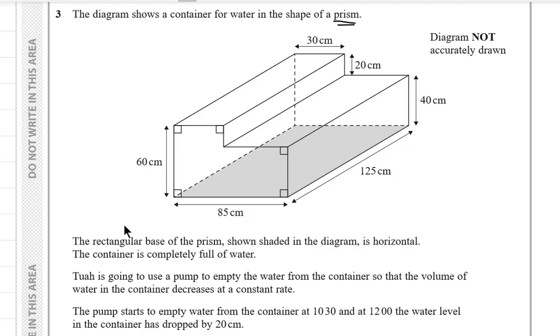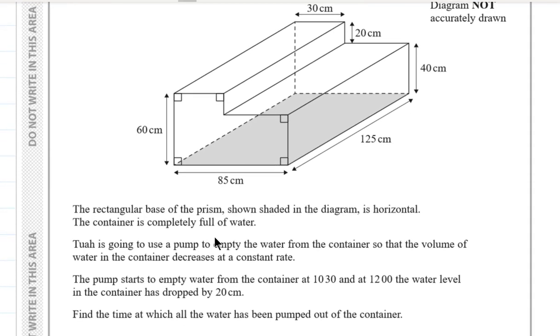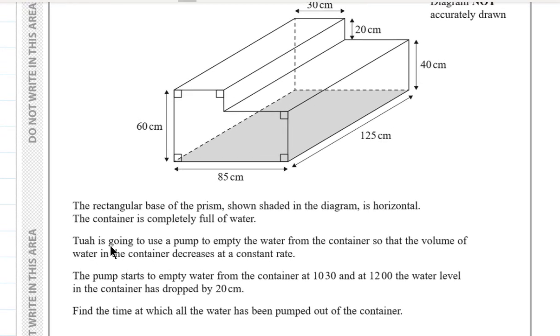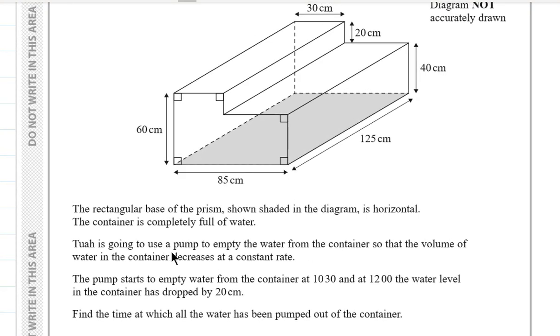The rectangular base of the prism shown shaded in the diagram is horizontal. The container is completely full of water. Toa is going to use a pump to empty the water from the container so that the volume of water in the container decreases at a constant rate.